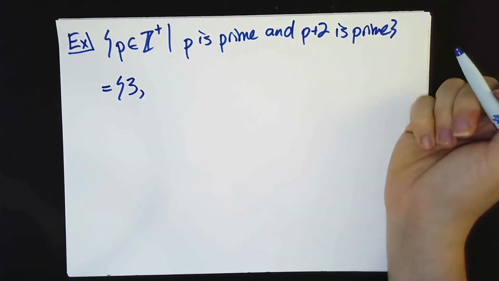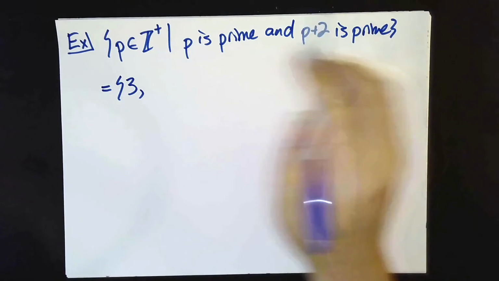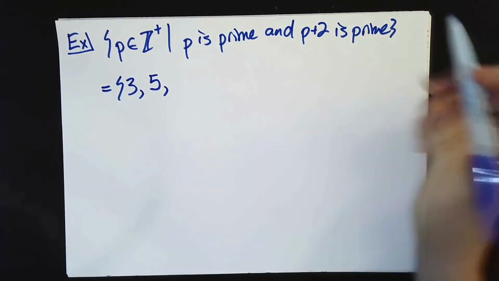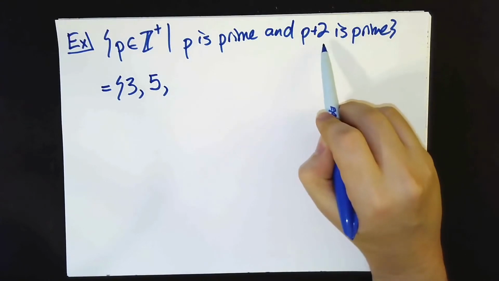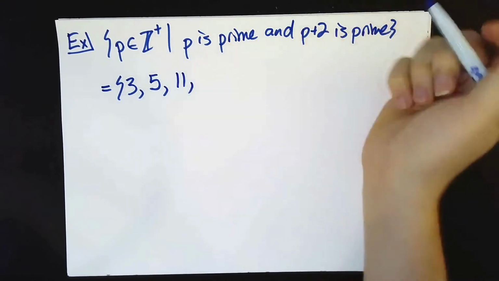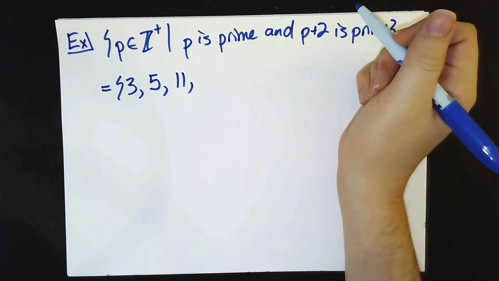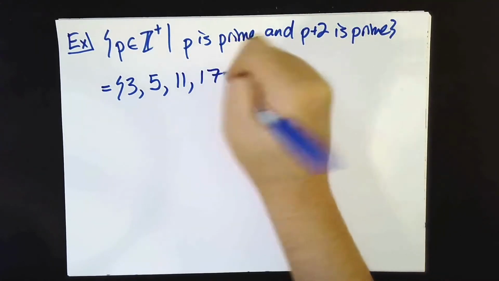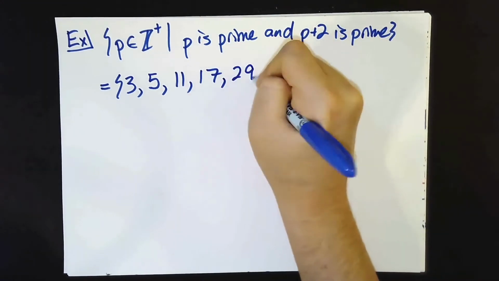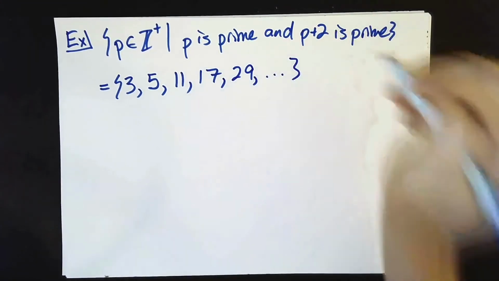It contains 5 because 5 is prime and 7 is prime. It does not contain 7 because although 7 is prime, 9 is not. But it would contain 11, not 13, not 15. It would contain 17, but not 19. Would contain 29. And so on.